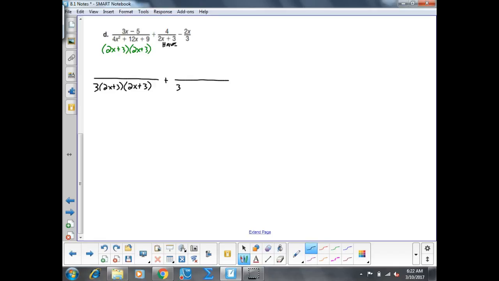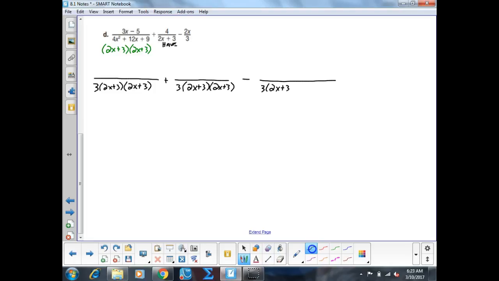Okay. So then my common denominator is that and that. And then it's minus 3 times 2x plus 3 times x plus 3. Okay. First one, the only thing that needs to change is I need a 3.